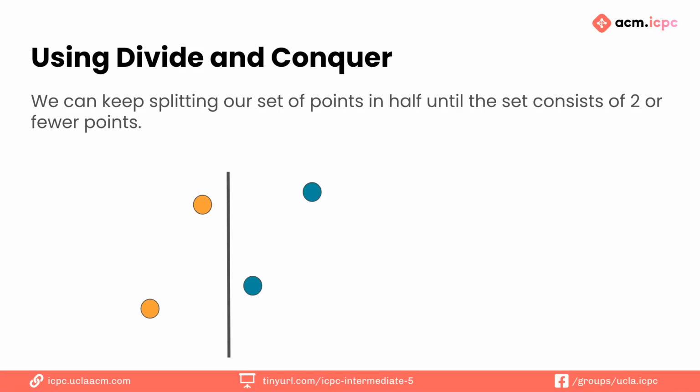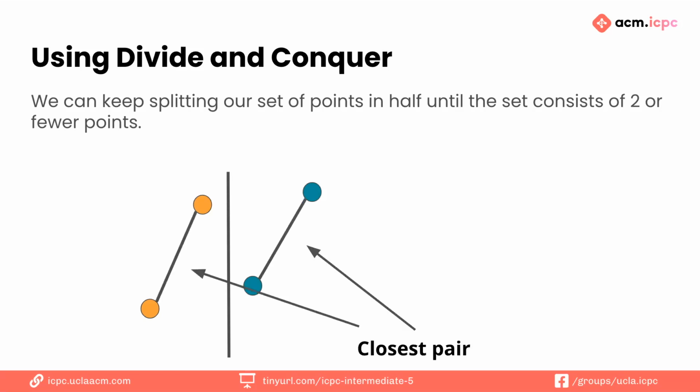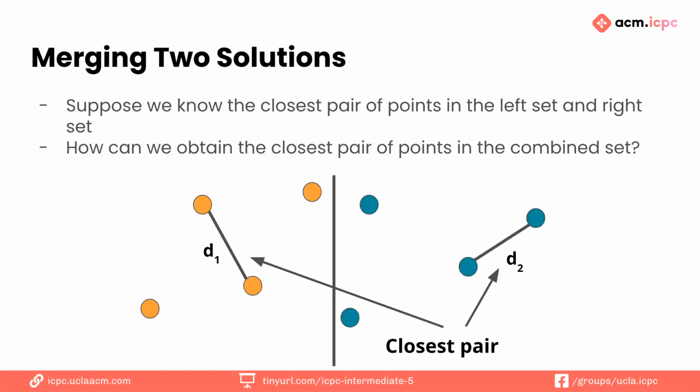Exactly. So both sets only have 2 points, and so there's only 1 pair of points. So the minimum is just the distance between the 2 points. So cool. We know that for the left set, the closest pair is just that pair, and for the right set, the closest pair is also just that pair. So now we have the solution for these two.